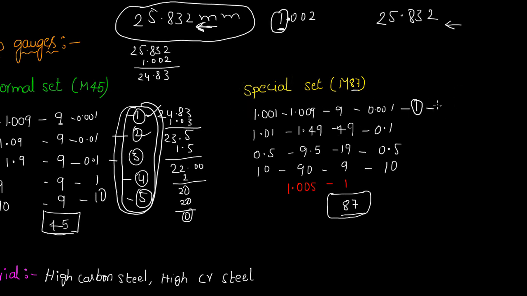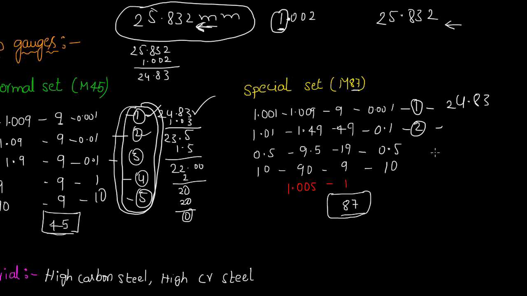So now the dimension will become 24.83. Likewise, I am taking the second slip gauge from this range, that is 1.33. Here the trick comes. Here we can't take more than 1.09, but here I can take more than 1.09, up to 1.49.